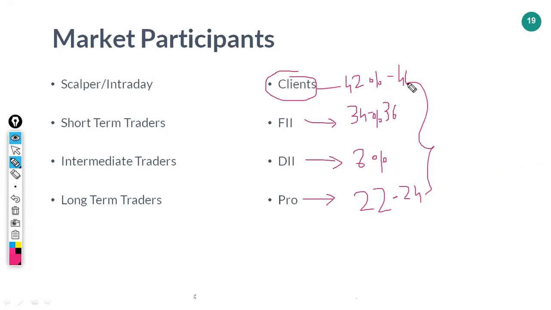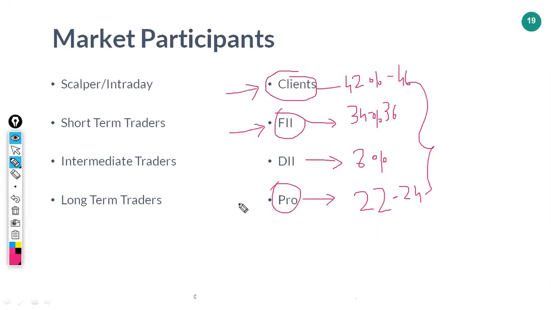Client dominance is very much there when it comes to index futures. When it comes to options, FIs and pros actively engage in options. Clients also actively engage in options. So clients do most of the volume. They are the top put writers in Indian markets. Clients are the top put writers. FIs are the top put buyers. They buy puts and they hedge their positions.